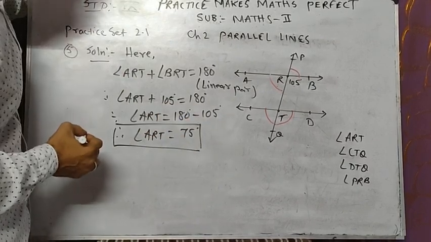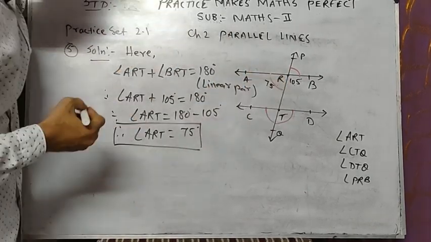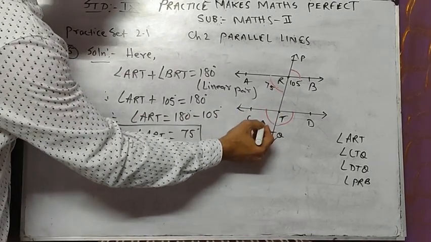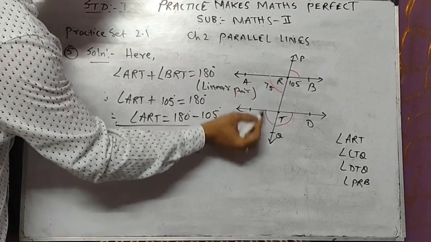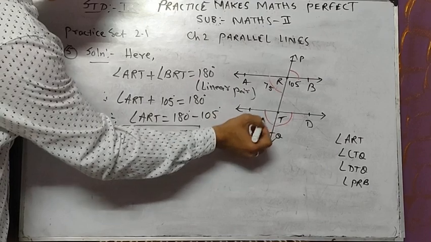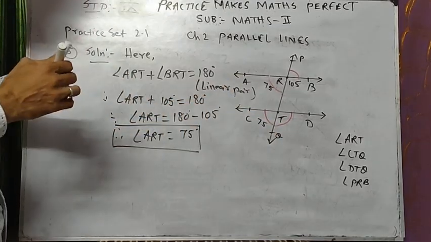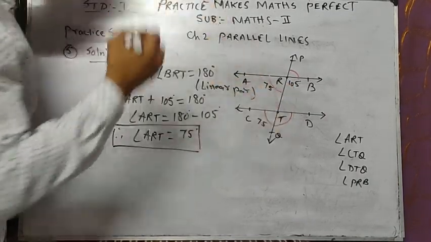So you got angle ART, 75 degree. Now second, we want CTQ. All of you know corresponding angles. Corresponding angles are one angle below this line, so this CTQ will be 75 degree. Angle CTQ forms a pair with ART.